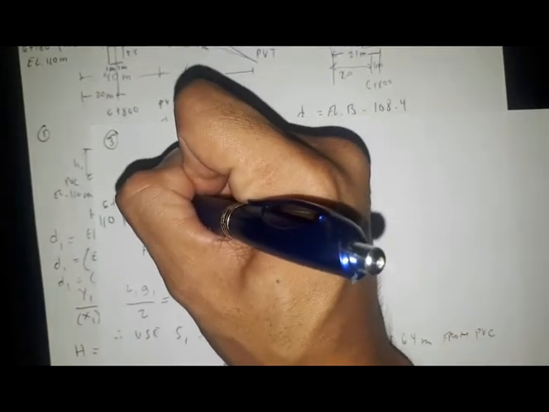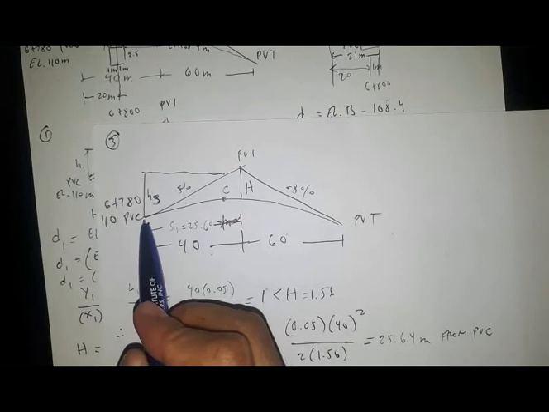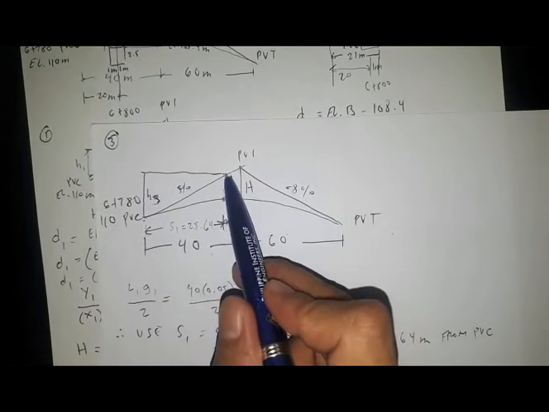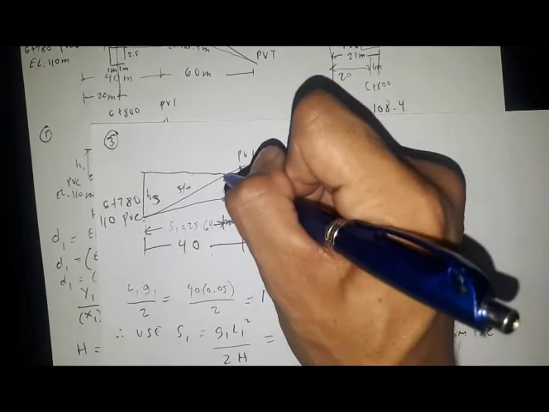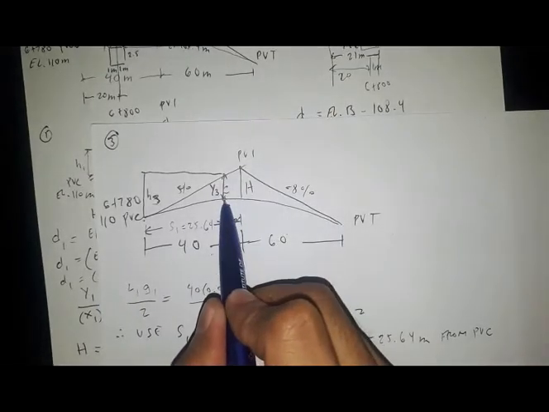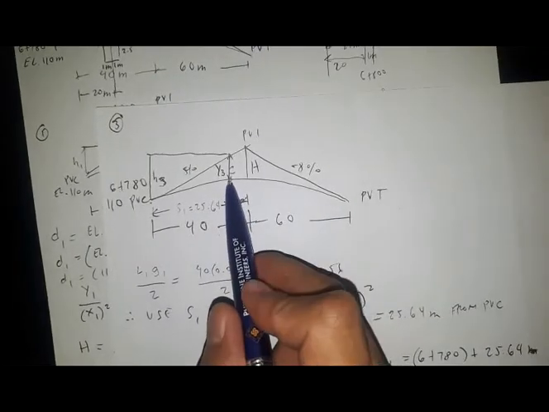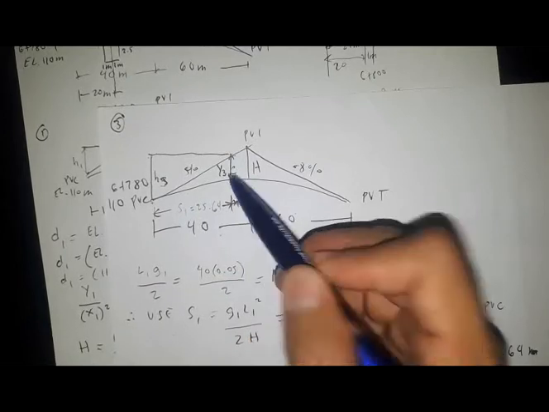We have this height H3. So elevation of PVC plus height H3 will bring you here. Then you subtract this height Y3 in order to bring you here in this elevation. So we have elevation at C, or the highest point, equals elevation of PVC plus H3 minus Y3.